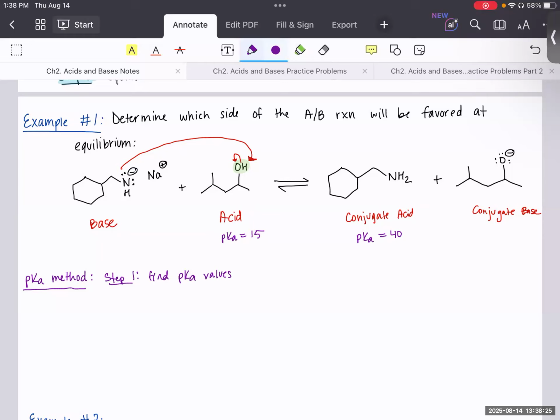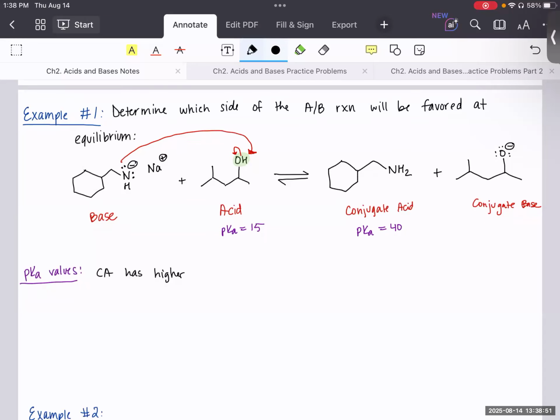So next, what we want to do is identify which one is higher. And so the conjugate acid has a higher pKa than the acid, since 40 is greater than 15.